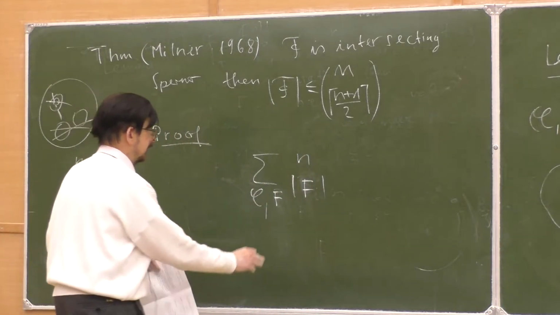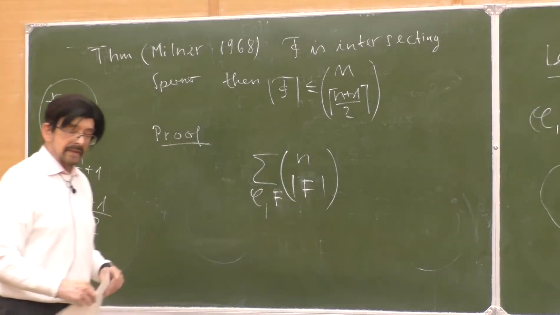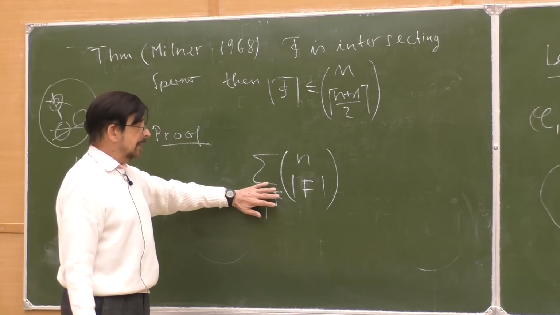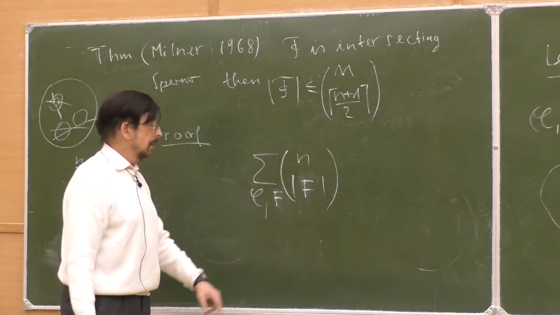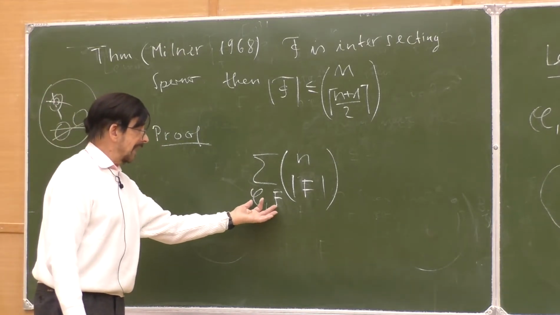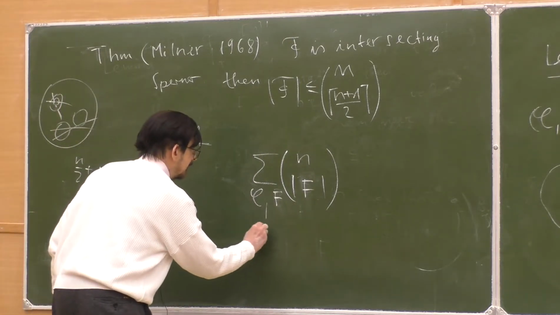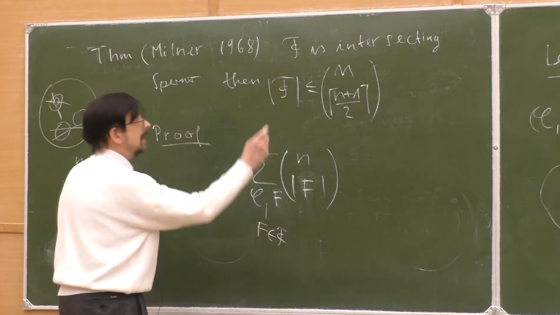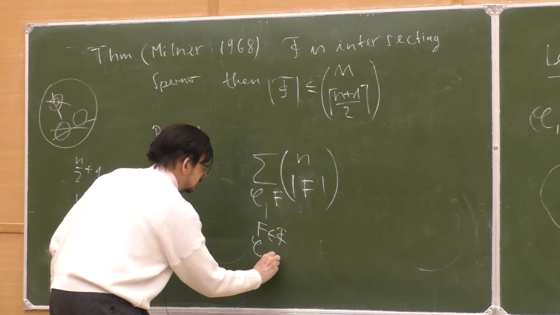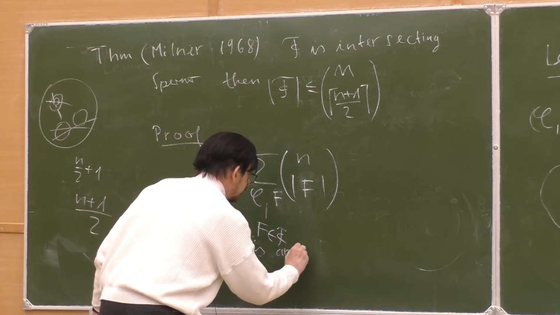I don't see why I have indices here. So this is what I was telling earlier, that we make the double counting with the weight. So we take this sum for every such pair where C is a cyclic permutation, F is from the family, and F is an interval along C.